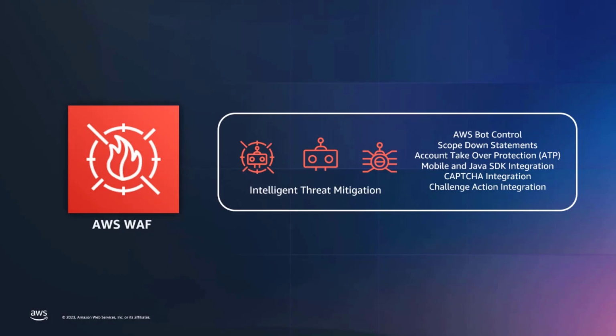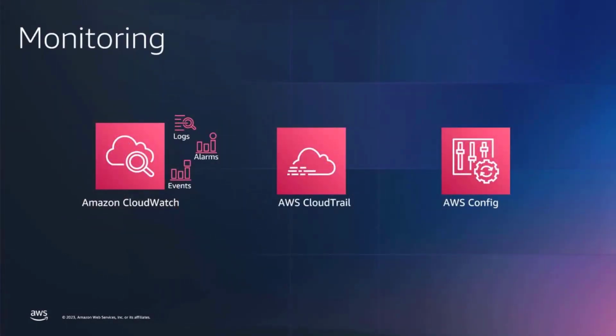So now that we've covered the detection capabilities and techniques that AWS WAF supports, let's spend a little time discussing how AWS WAF offers real-time, or near real-time, visibility into your traffic and how you can monitor activity using AWS WAF.